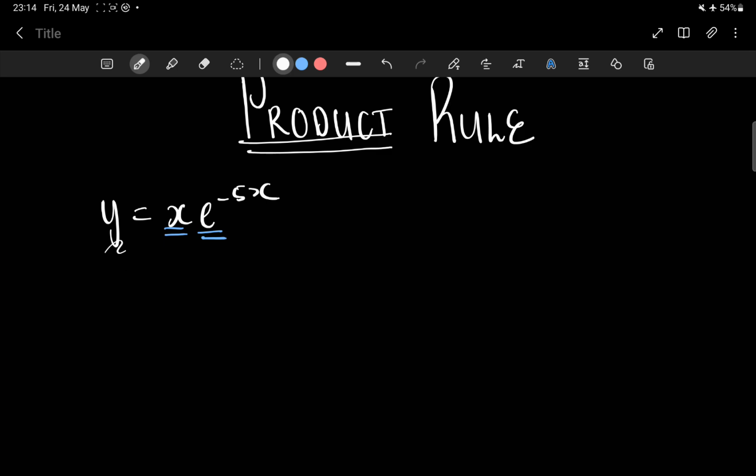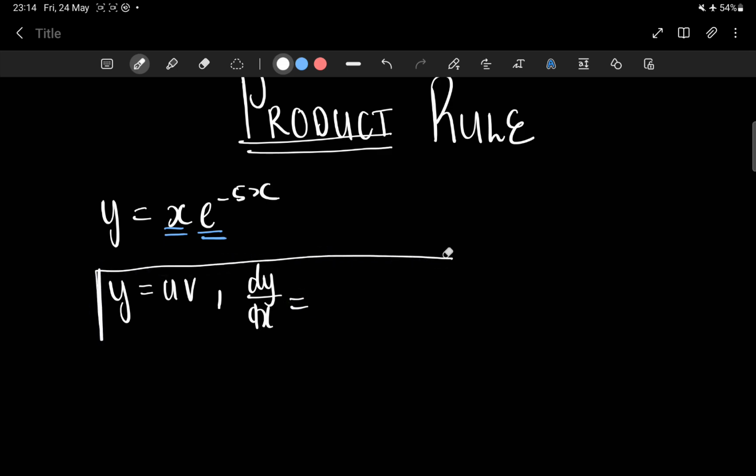So here you should know that we can say that y is in terms of u and v multiplying, where u and v are functions. U is x and v is this other function, which is e to the negative 5x. So when you have y being two functions, u and v multiplying, the product rule says dy dx would be equal to the derivative of two functions multiplying.